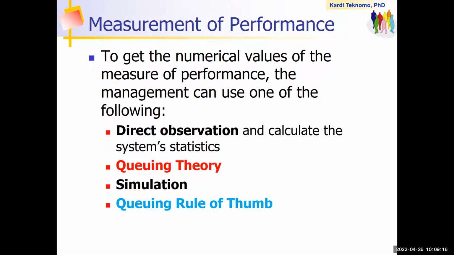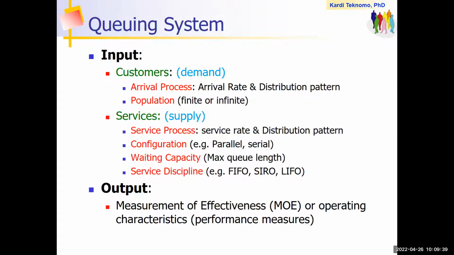We will discuss it today. Another alternative is based on queuing theory, or we can do simulation. We will not discuss simulation in this class. And the last one, for practical reasons, I will just discuss the practical queuing rule of thumb that I developed.